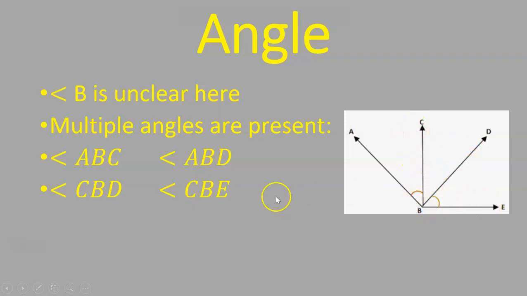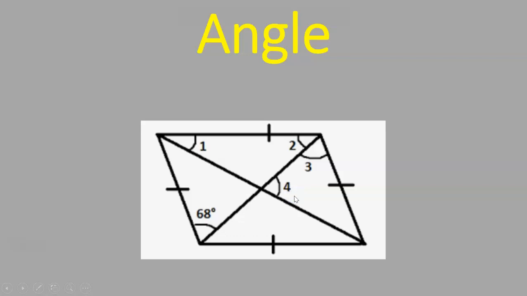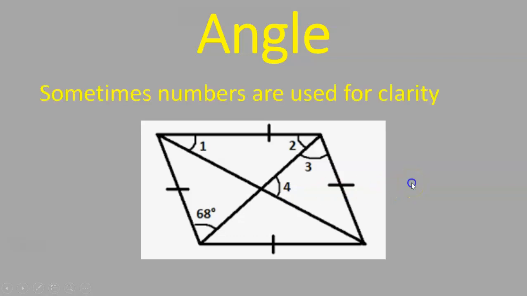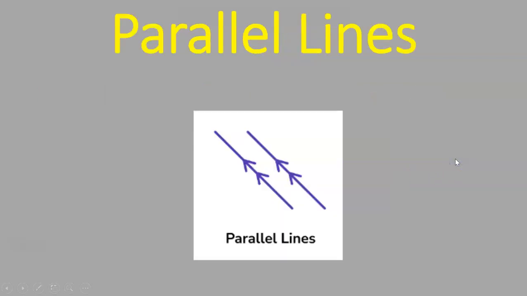CBE, DBE, okay, so the one on the right, and then ABE, the largest angle. They all have a vertex of B, and of course you can name all these backwards as long as you keep B in the middle. Sometimes we have numbers that are used for clarity. So angle 1, for example, angle 2, it's easy to see. Those numbers are very clear about what you're talking about. And notice we have a degree measure here that we'll talk about later.